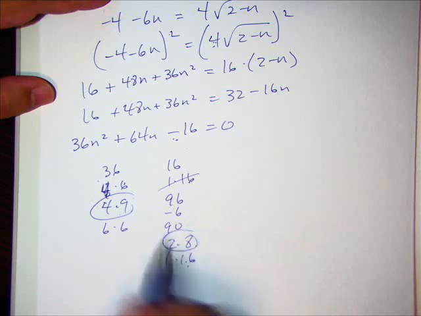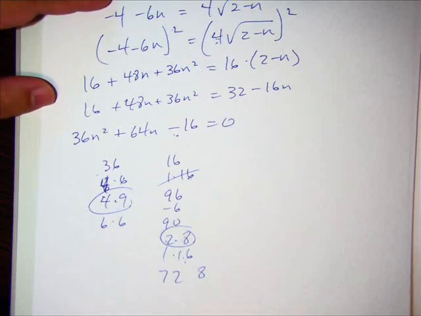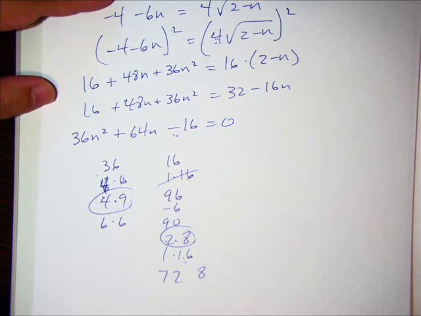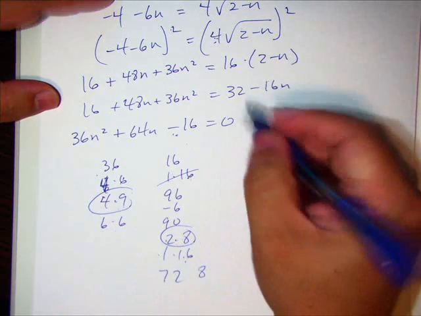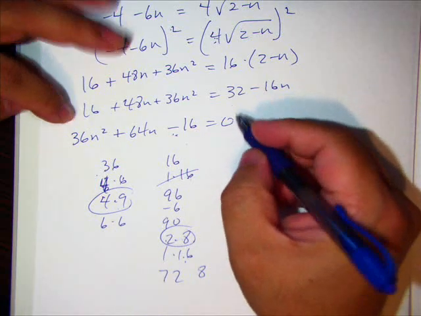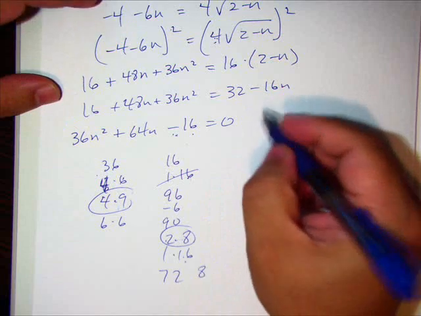How about 8? 8 times 9 is 72. 4 times 2 is 8. Oh, there we go. I bet you guys saw that. Oh, sorry. Sorry it took me so long. Alright, so I'm going to go with 72 and 8. So what are the factors of 36 times 16? 72 and 8.